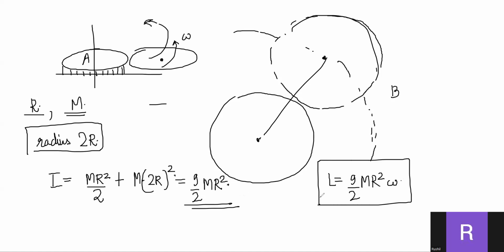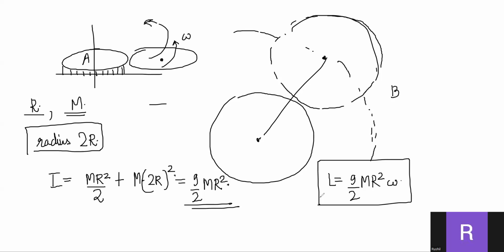Is it pure rotation according to the question? Has he said pure rotation about the axis through it? No, he's not said that. It says rolls without slipping as well.